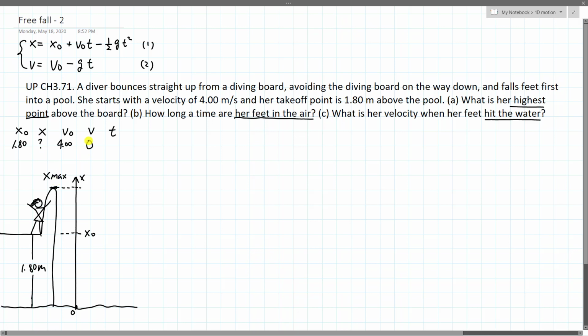She will just eventually stop in mid-air, then she will reach the maximum height, right? So time we don't really know. Basically, we know that max height is a hint for final velocity equal to 0. That's right. So that's a hint here.